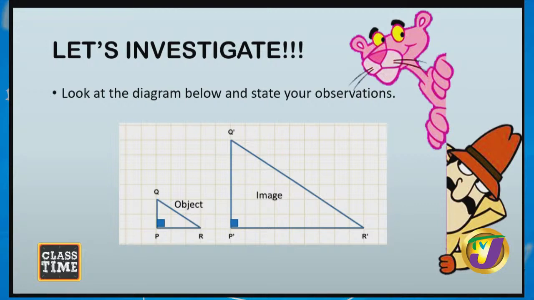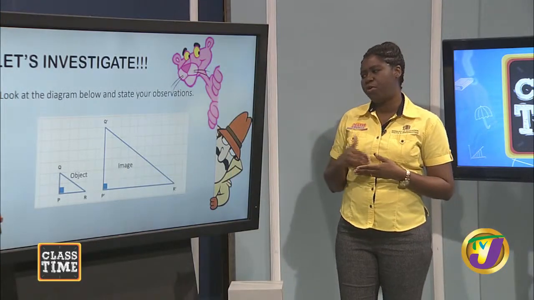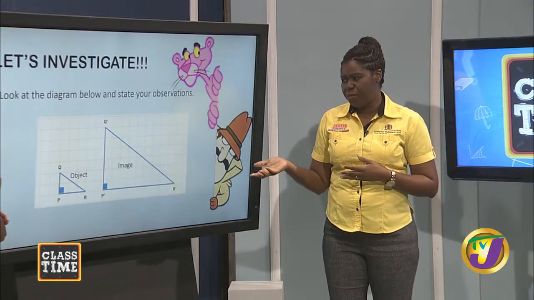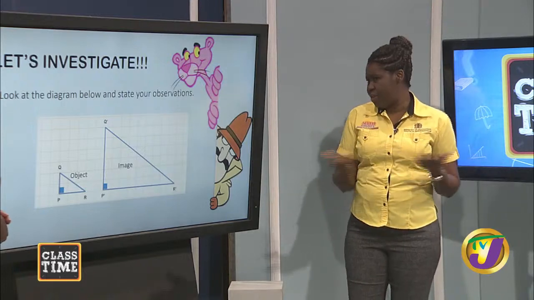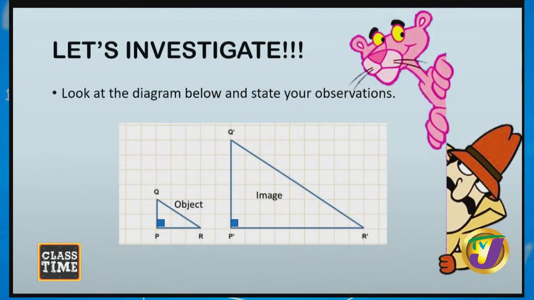Okay. Is there any relationship? I heard you speak about object and image. Based on previous lessons, we would have realized that the object is the shape that would be going under transformation, and the image would be what would be produced.